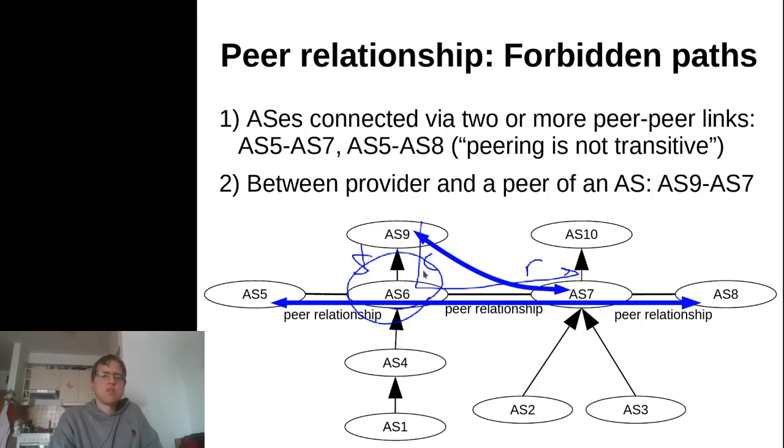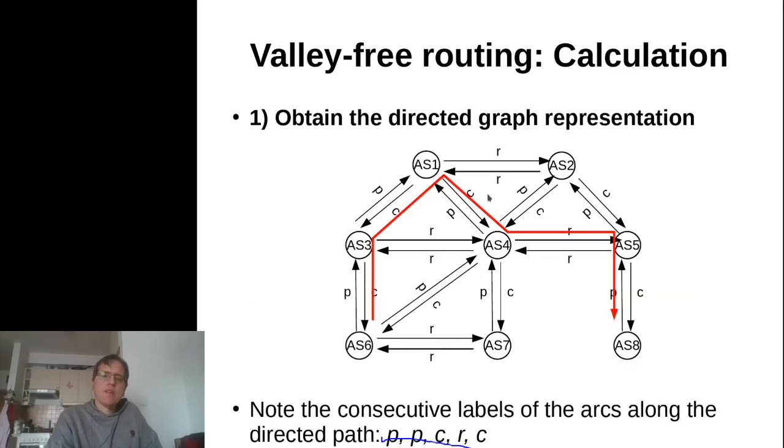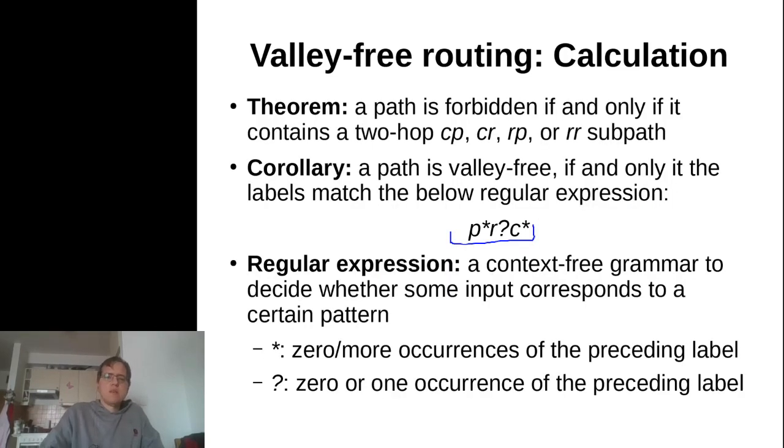So it will just block these paths, and will let AS9 and AS7 handle the exchange of such traffic themselves. And here we can see exactly this type of subpath that is forbidden. And since CR is forbidden, we get that the blue path is actually forbidden.